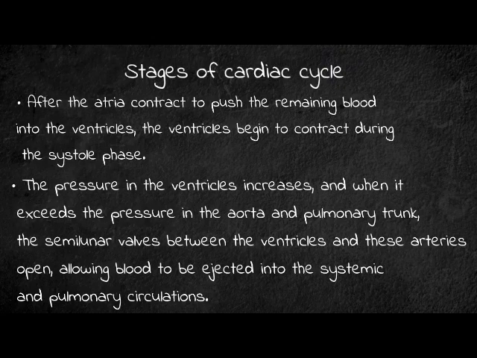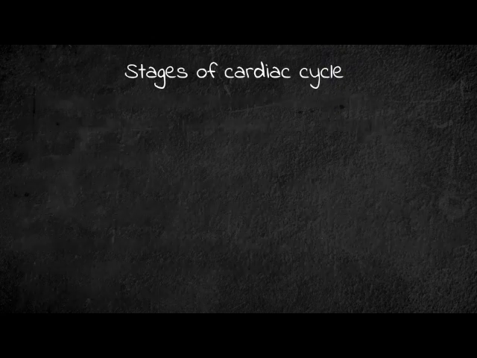The pressure in the ventricles increases, and when it exceeds the pressure in the aorta and pulmonary trunk, which lead to the whole body and lungs respectively, the semilunar valves present there open up, and the blood flows through them to the systemic circulation and pulmonary circulation. This is how blood is ejected from the ventricles.